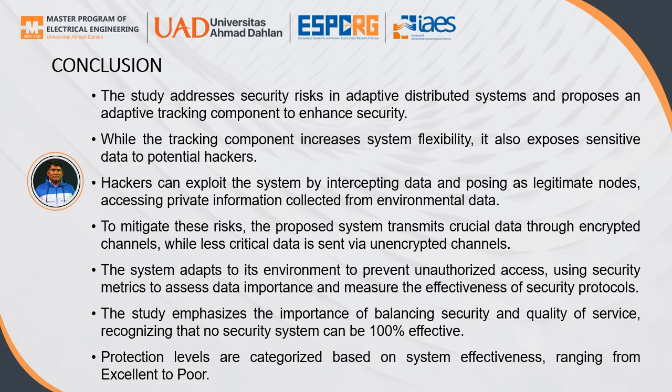The study emphasized the importance of balancing security and quality of service, recognizing that no security system can be 100% effective, but the protection levels are categorized based on the system effectiveness, ranging from excellent to poor. So our proposed methodology is in the category of excellent.